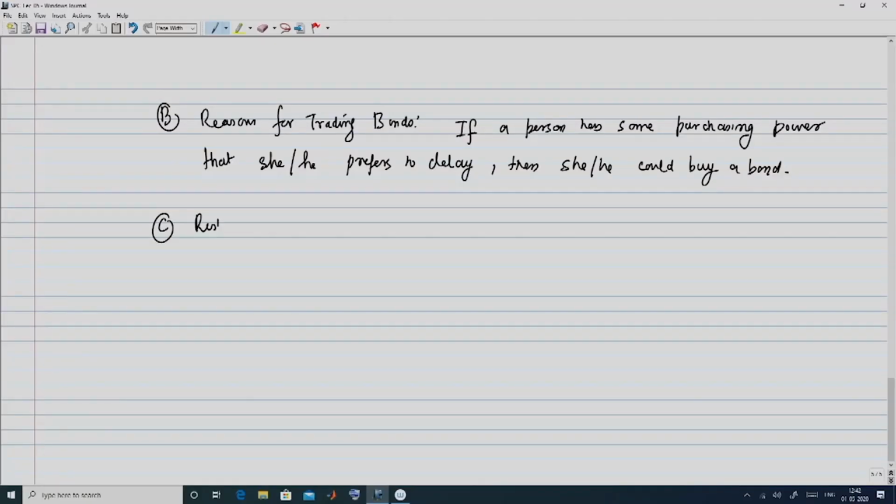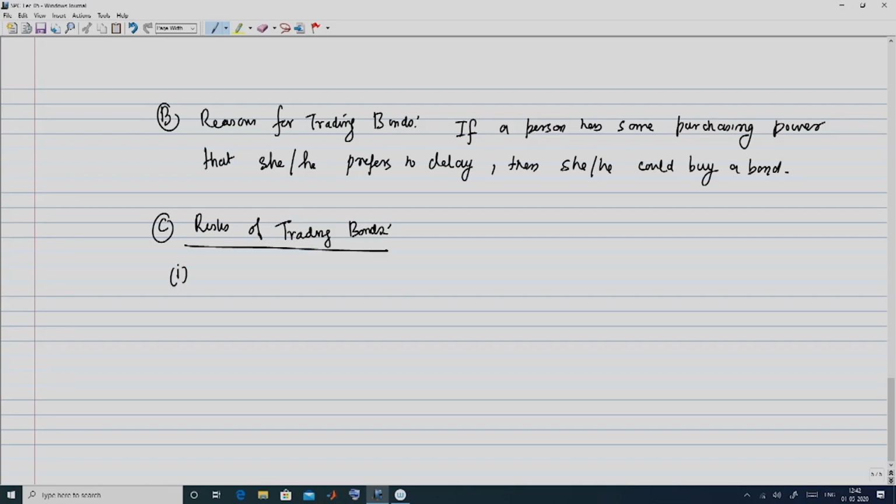So, taking all these things into account, let me look at the three main type of risks that are associated with the bonds, notwithstanding the fact that it is risk free from the point of view of no uncertainty about the final payment that you will receive at maturity. So, let us look at risks of trading bonds.